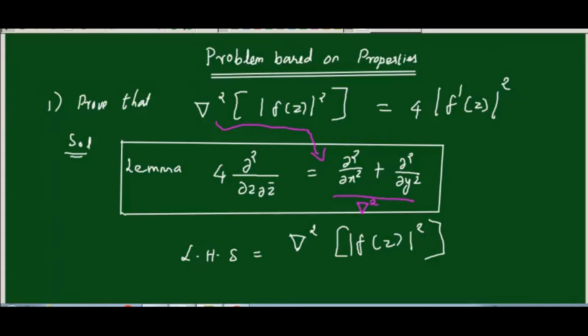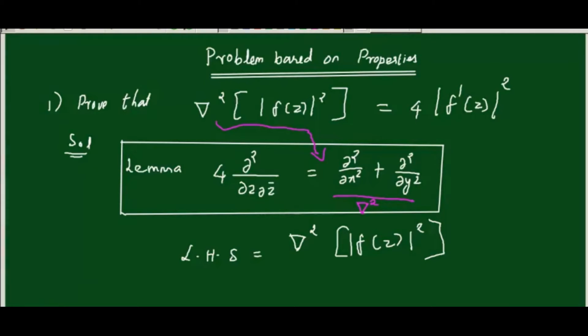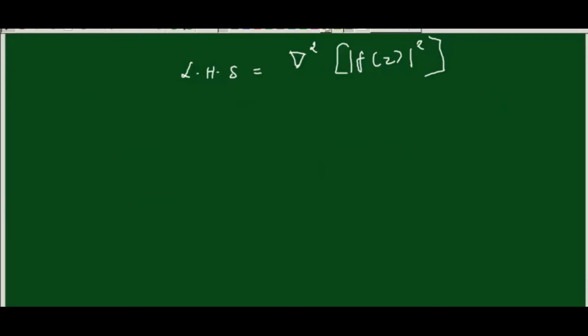Already yesterday I gave one note, and I'm going to use that note. The note says modulus of f of z whole square is equal to f of z into f of z bar. Using this note, I'm going to apply.